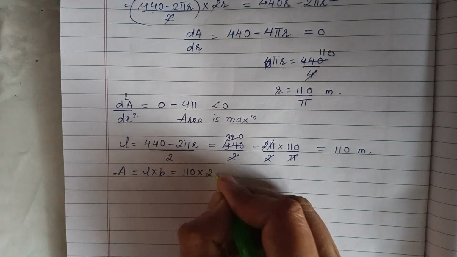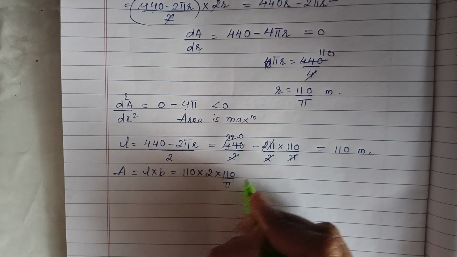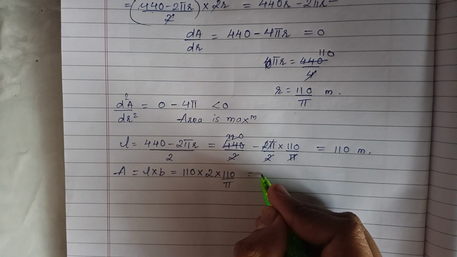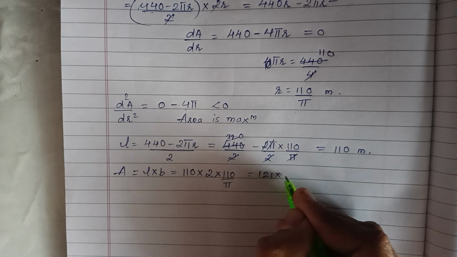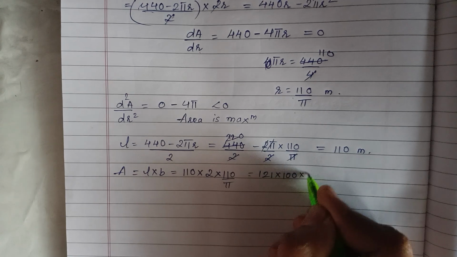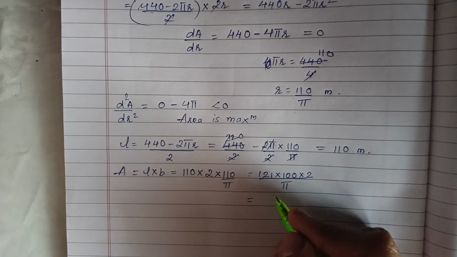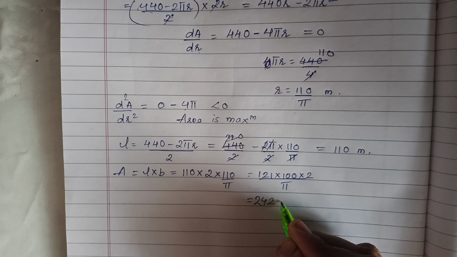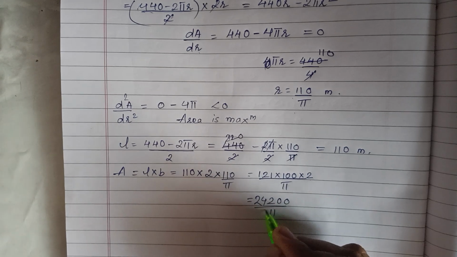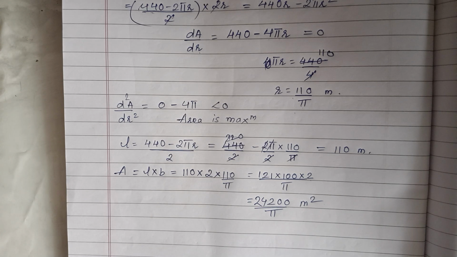So r is 110 by pi. So this is 11 into 11 is 121, 100 into 2 upon pi, which is meter square. That's the area.